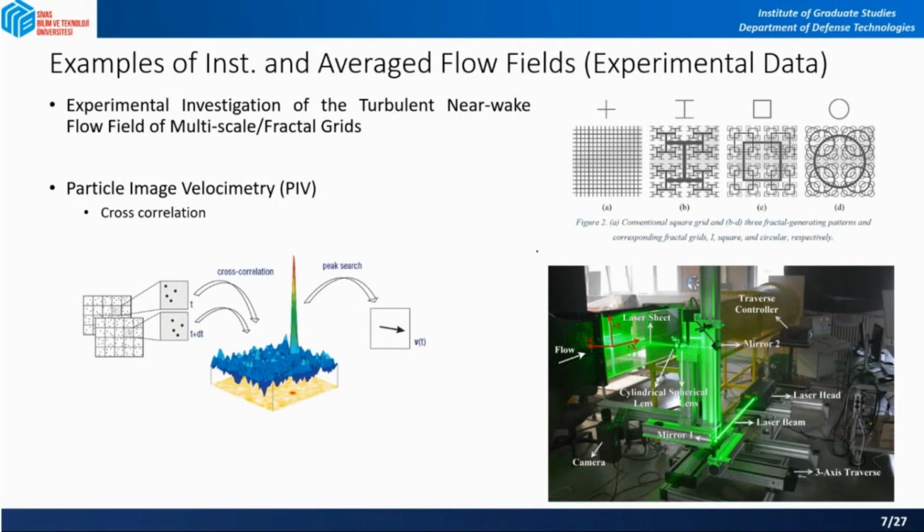There, the main idea was to investigate the flow behind different types of turbulence generating grids. So you're seeing these grids in here. The one at the left is called a regular or conventional grid that you're familiar with from what you have already searched for the design of the screen in the wind tunnel.